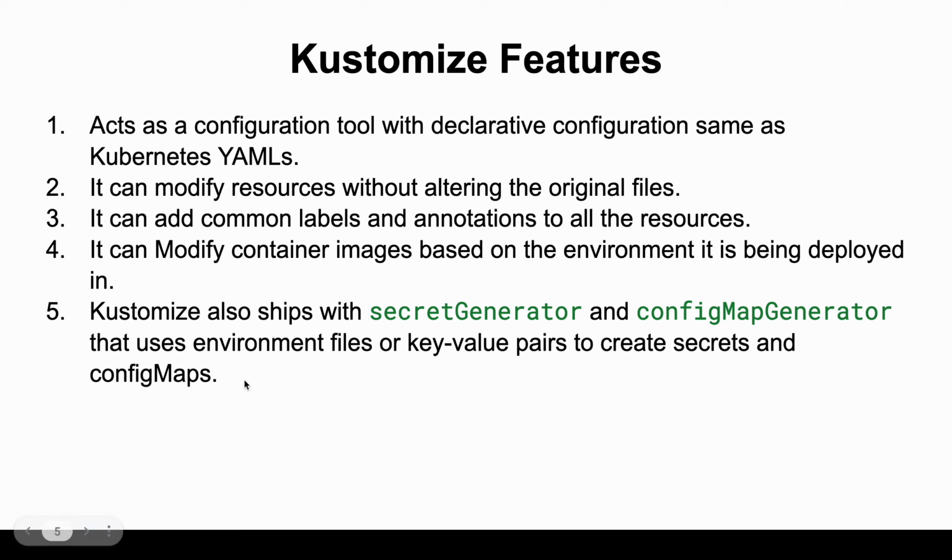So this is also a very good feature of Kustomize, that if you have already mentioned your secrets as well as config map inside the base, and whenever you are deploying these YAML manifest files in your clusters or the namespace, then it will automatically create the secrets as well as config map in your cluster. So these are the features of Kustomize.